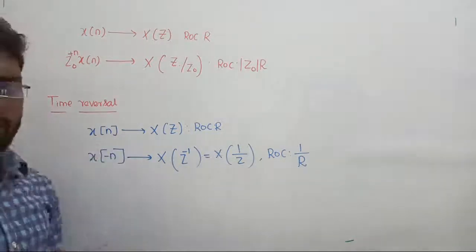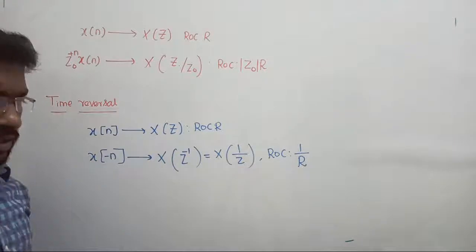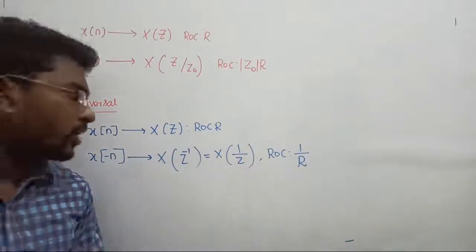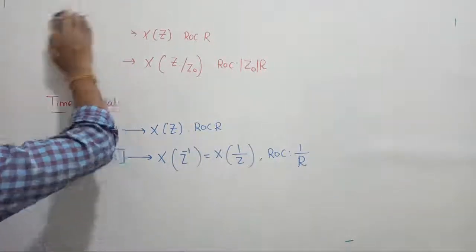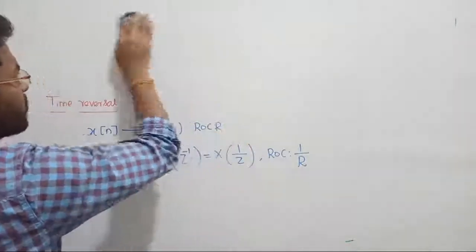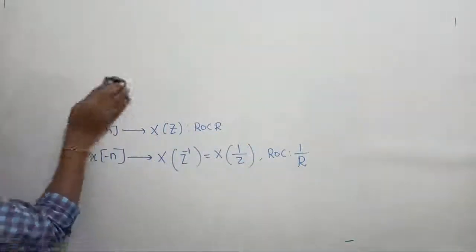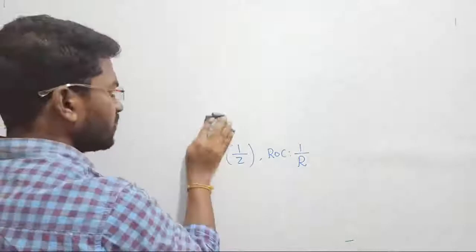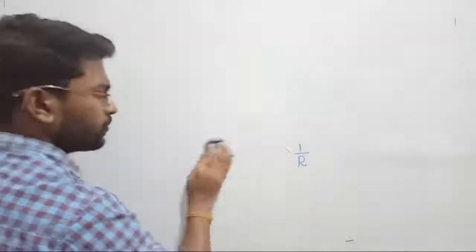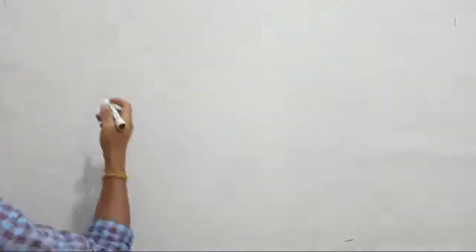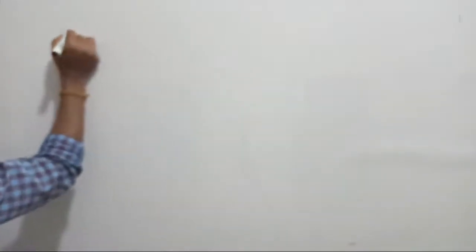That is time reversal. Next, let us see differentiation in Z domain. If I do differentiation in Z domain, there are some very important properties.